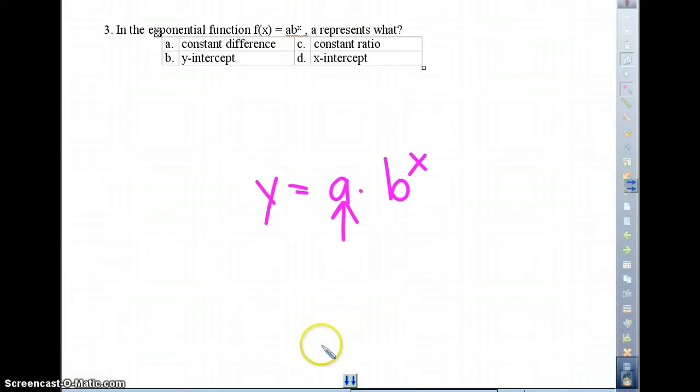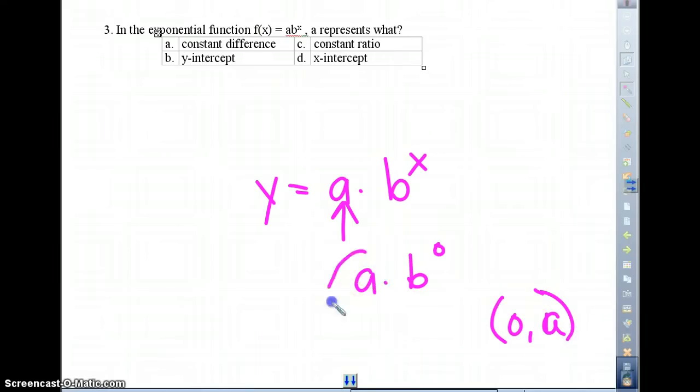What's always true of your y-intercept? X equals 0. If you make your x 0 here, a times b raised to the 0, any number raised to the 0 power is 1. And 1 times a is a. So isn't it 0 comma a? That's your y-intercept.